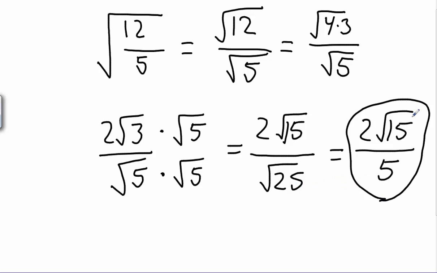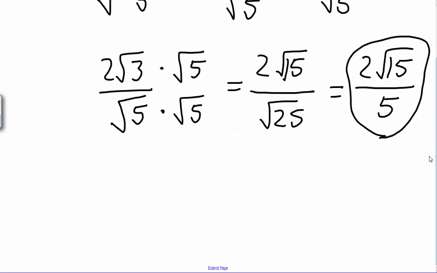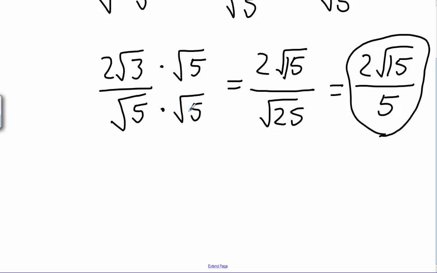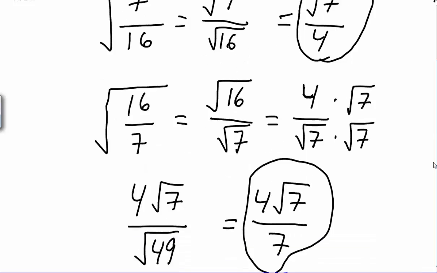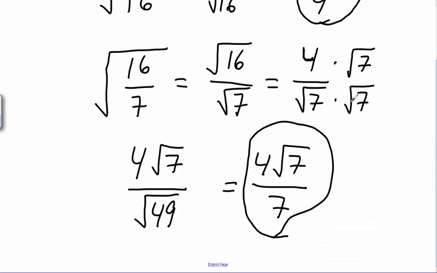Okay. If you guys didn't notice by now, we multiply square root of 5 times square root of 5, we get square root of 25, and our answer simplifies to just 5. We have square root of 7 times square root of 7 goes to square root of 49, simplifies to 7.